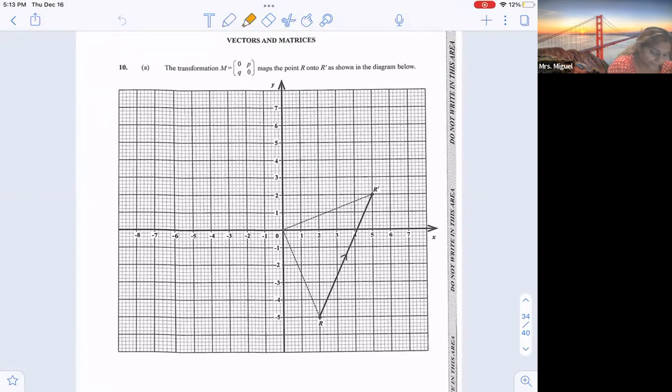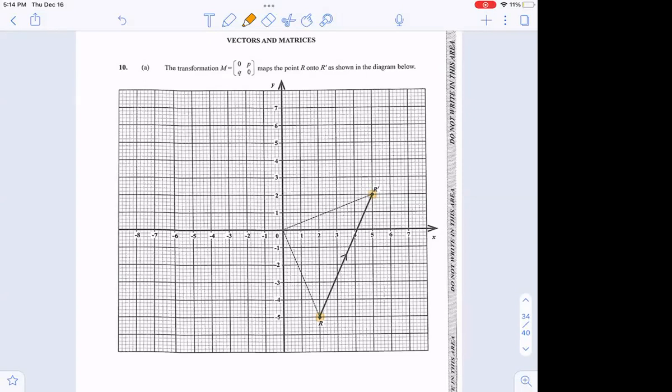Write in your book for me the coordinates of R and the coordinates of R prime. Go ahead.